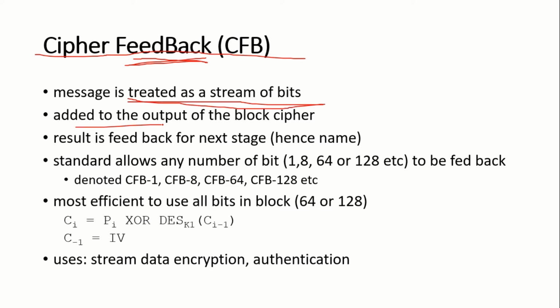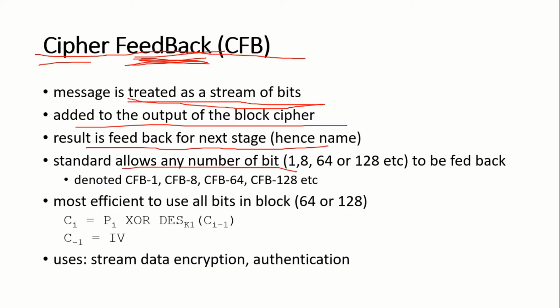Now add it to the output of the block cipher. That is why we call it feedback, because the output of each phase will be fed back into the next, okay. How we implement it, we'll see in the next slide. The result is feedback for the next stage, and that is why we call it the cipher feedback mode.